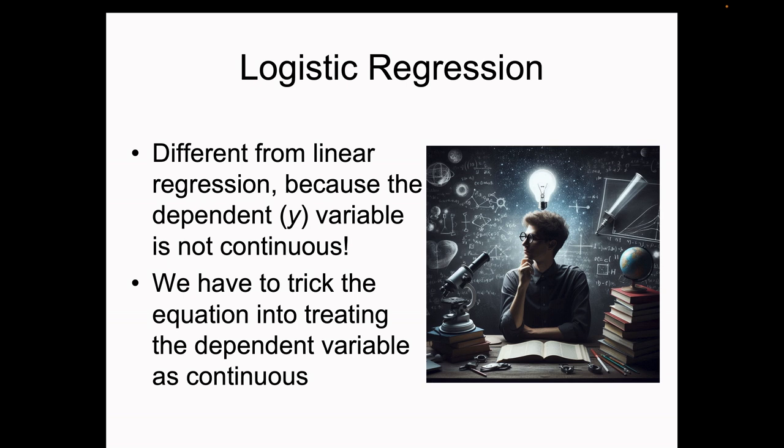It's not a trick in the sense that we're doing anything wrong. It's a trick in the sense that we have to use different math that allows for a categorical variable to be treated as continuous. So it's not actually doing anything wrong or sneaky. That's not the sense in which I mean the word trick.